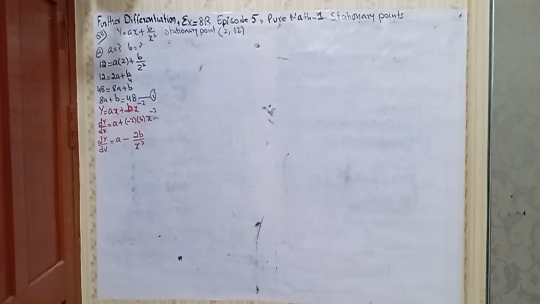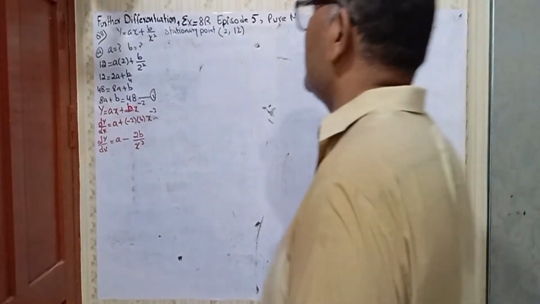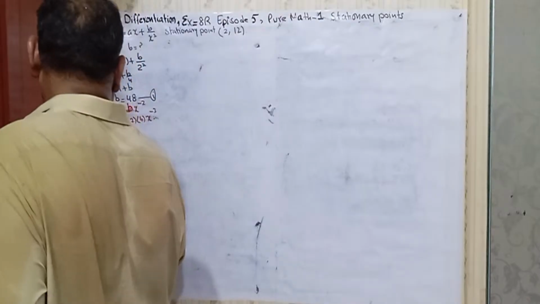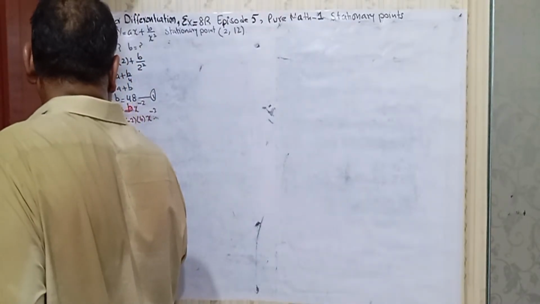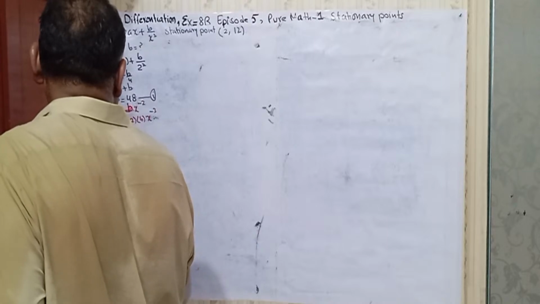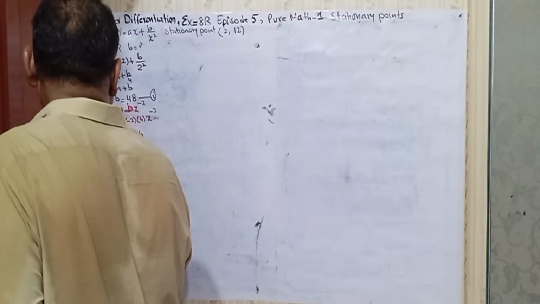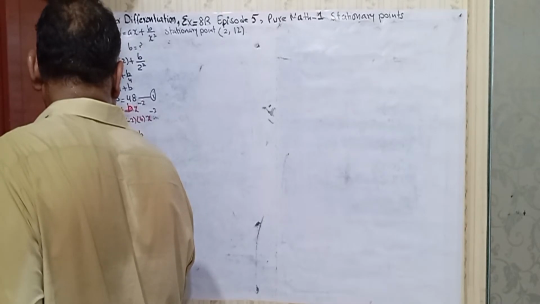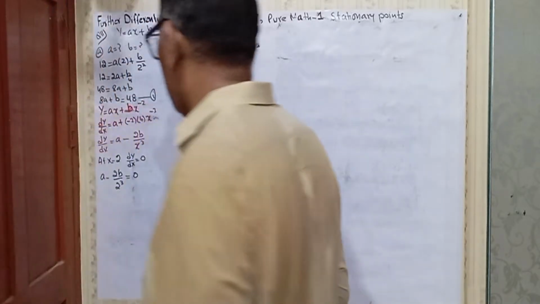Now I am going to find the value at the stationary point, at x equals 2. At the stationary point, the value of dy/dx will be 0. So a minus 2b divided by 2 cubed equals 0.